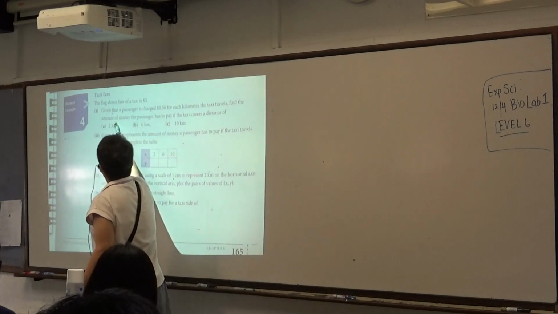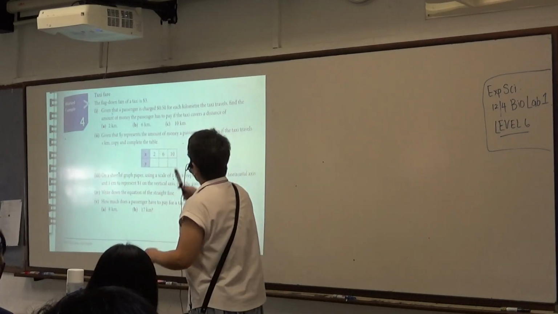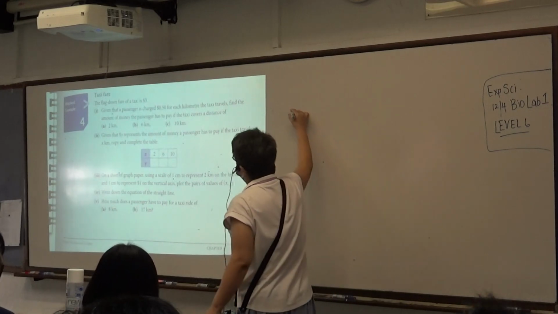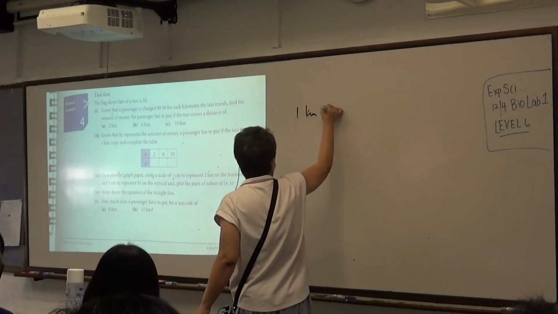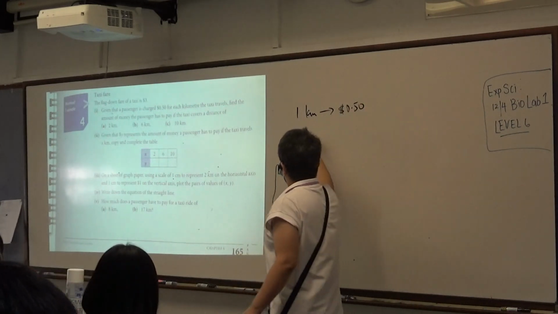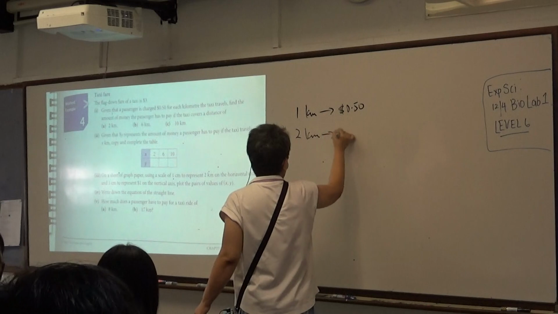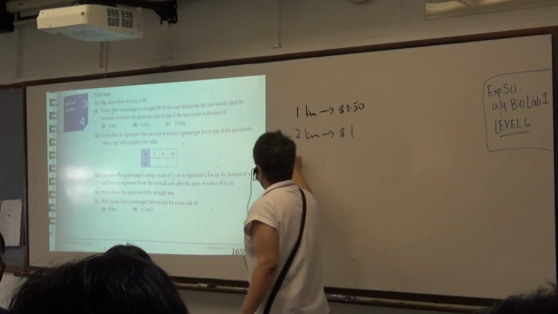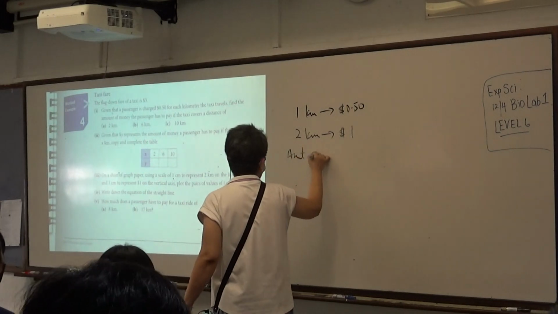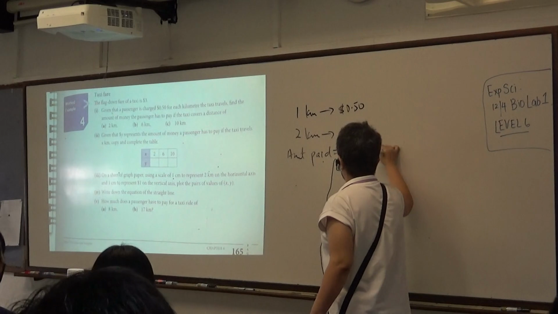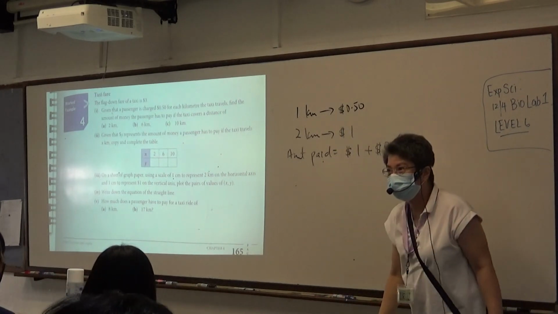Given the passenger is charged 50 cents for each kilometer the taxi travels, find the amount of money the passenger has to pay if the taxi covers a distance of 2 kilometers. Now, 1 kilometer is 50 cents, right? What about 2 kilometers? It will be $1, right? So the amount paid will be $1 plus $3, right?